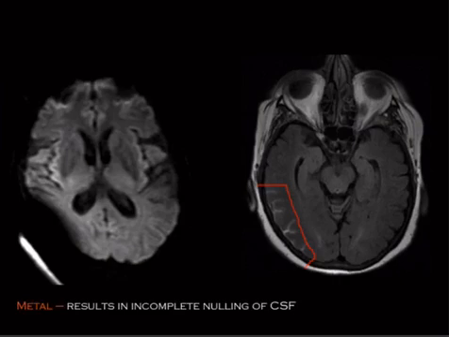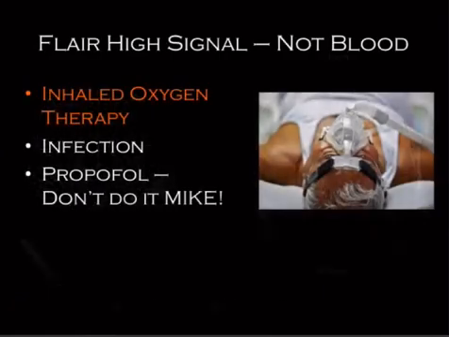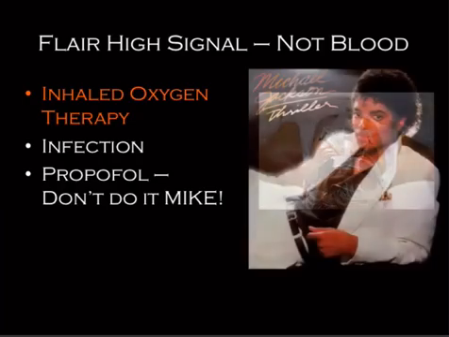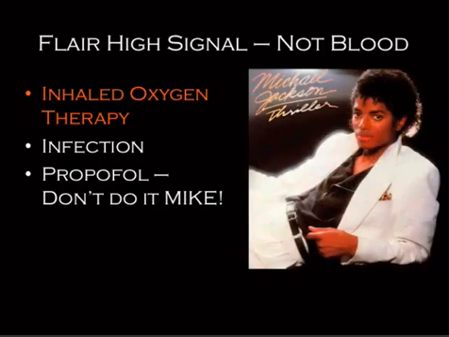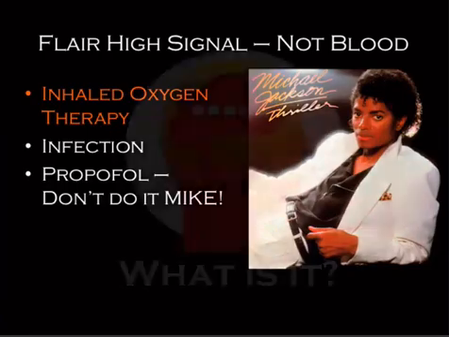Metal disrupts the field homogeneity and results in incomplete nulling of CSF. So that's a really common one. Another common one is inhaled oxygen therapy, which can cause FLAIR signal abnormality. Infection like subdural empyema can look like blood, because again, it's not CSF, right? And the last one to remember is propofol, another thing that can create a high FLAIR signal and mimic subarachnoid hemorrhage.